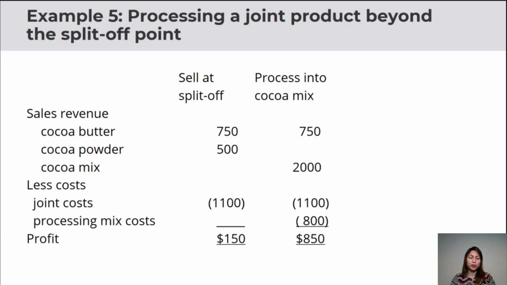But if you want to process cocoa powder into instant cocoa mix, your sales revenue will be 750 plus 2000 minus joint cost and processing mix cost $800. The profit equals $850 in this instance. So based on quantitative analysis, you'll be better off by processing cocoa powder further into instant cocoa mix.